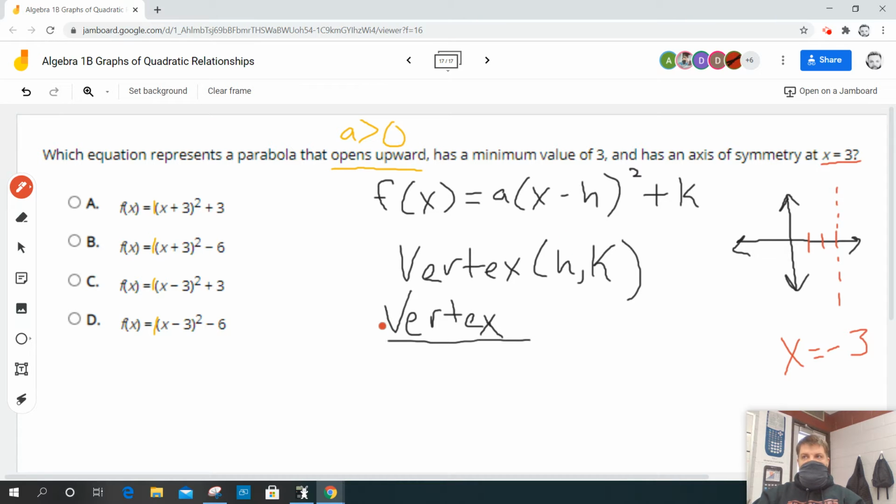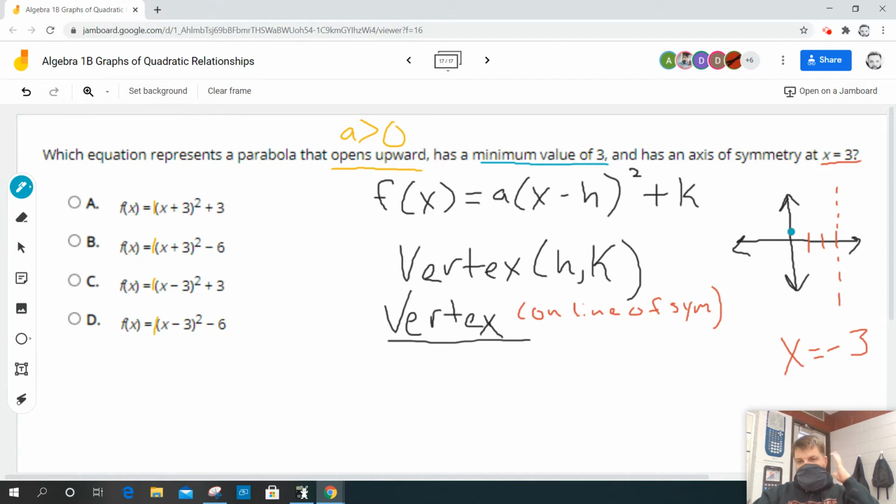The vertex is always on the line of symmetry. So that means that it's going to be somewhere here. If I just knew the y value of it, I could graph the vertex. Well, I do know the y value of it because it says it has a minimum value of 3.